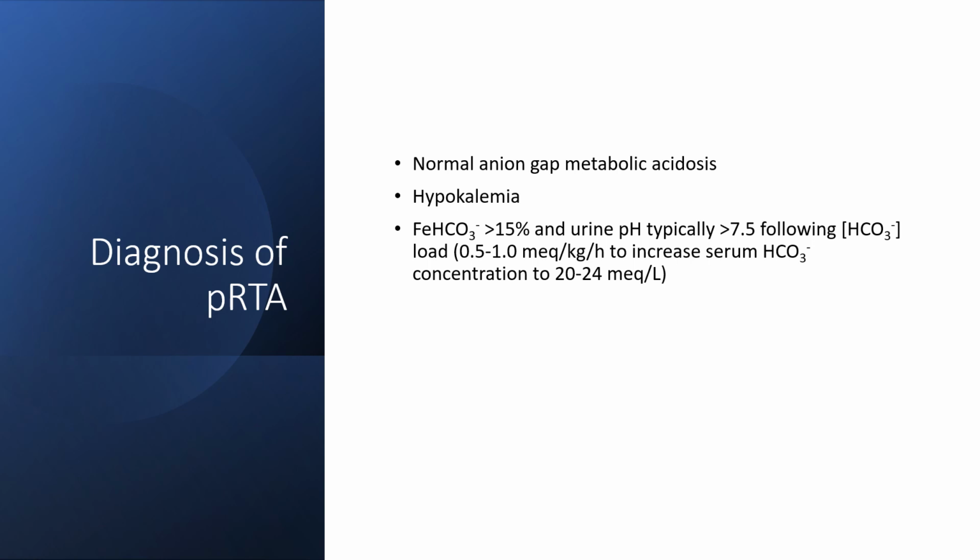A fractional excretion of bicarbonate greater than 15% with a concurrent urine pH greater than 7.5 confirms the diagnosis of proximal RTA. The fractional excretion of bicarbonate can be calculated as urine bicarbonate times plasma creatinine divided by plasma bicarbonate times urine creatinine concentration, times 100%.